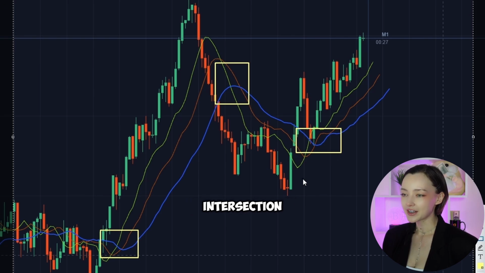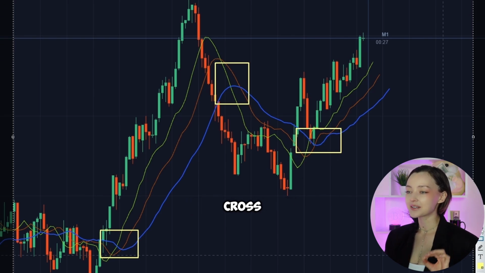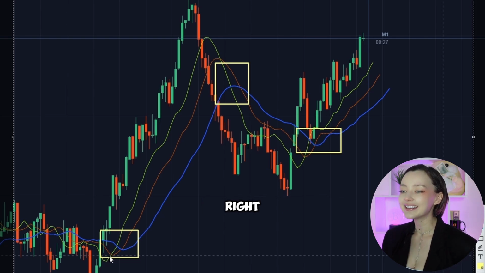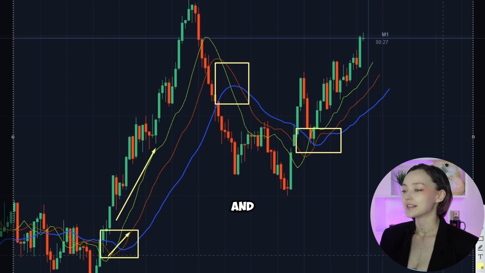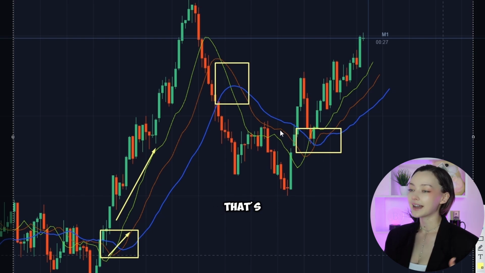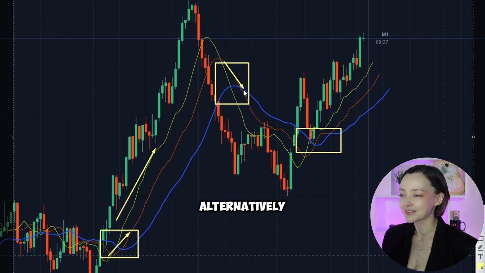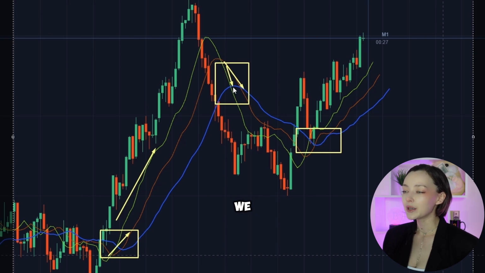When we see an intersection where the two lines cross the blue line from bottom to top, just like it's happening right now, that's a buy signal. So we would place an upward trade in this case. And if we see these two lines cross our blue line from top to bottom, that's a sell signal alternatively. And in that case, we would open a trade downwards. So that's the principle we're gonna stick to and work by today. I hope everything's clear so far.